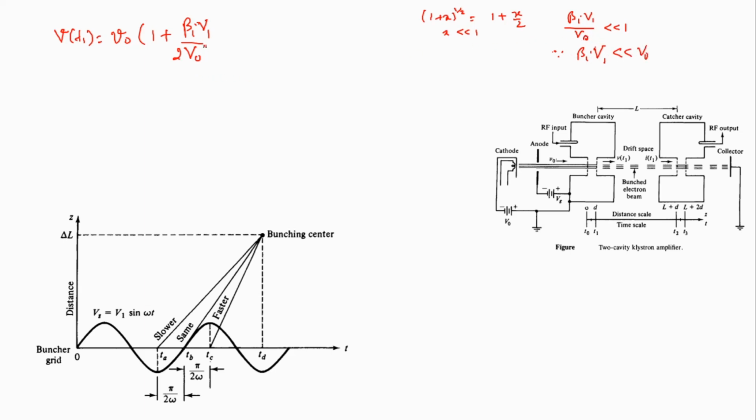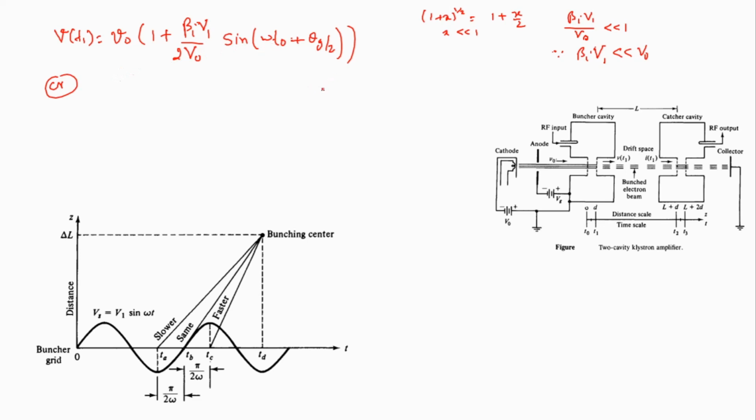So this can be rewritten as this one, into sine omega T naught plus theta G by 2, or it can also be written in terms of t1.